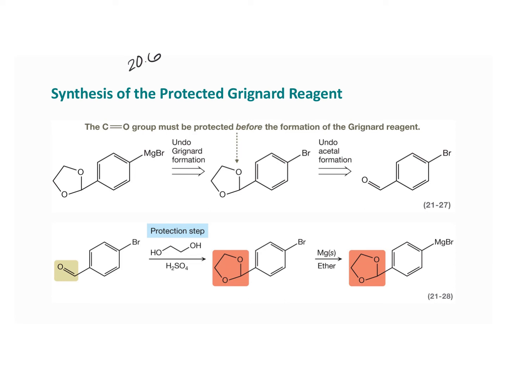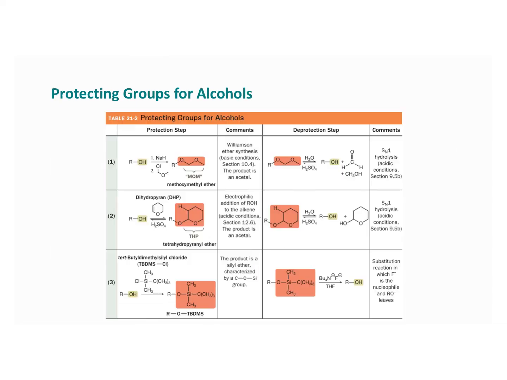Okay, so the retrosynthetic analysis would look something like this, where you would undo the Grignard formation, the protecting group would already be there, and so then you would undo the protecting group formation, that acetal formation. So in the forward direction, we would put the protecting group on first, then make the Grignard reagent, okay? Because you can't make the Grignard reagent first, since making the Grignard reagent is incompatible. So we have to protect it first and then make the Grignard reagent.